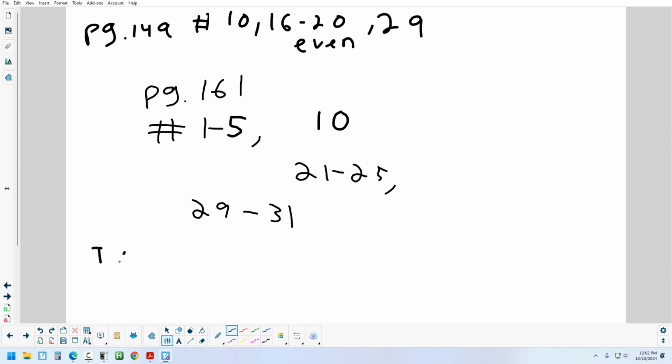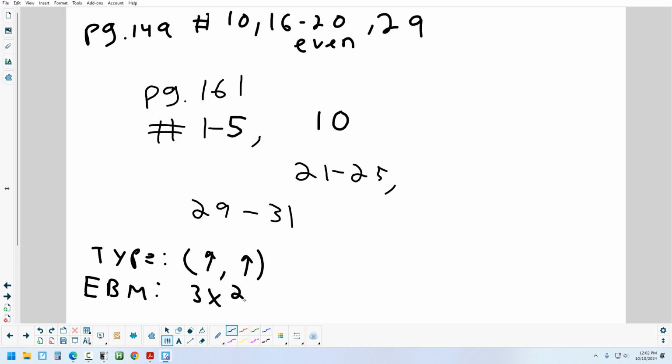Just to be clear, when they ask about end behavior type, that's where you draw arrows. Okay, you tell me the direction. If they ask for the end behavior model, that's where you give me a formula like that. So the type is the arrows, the model is the formula. 21 to 25, and the rest of that's fine.